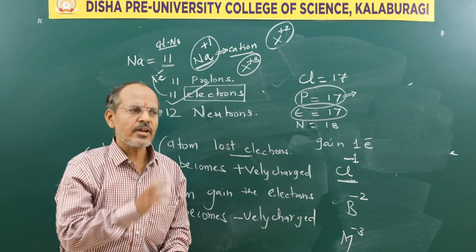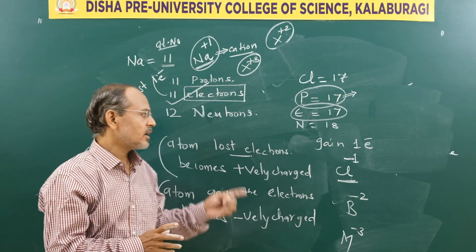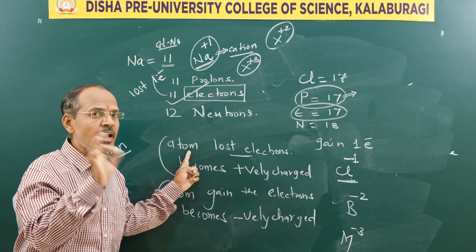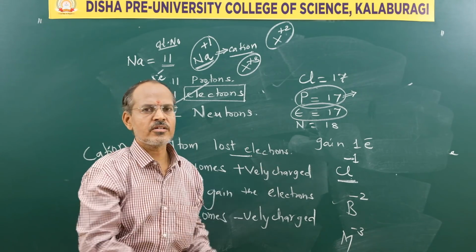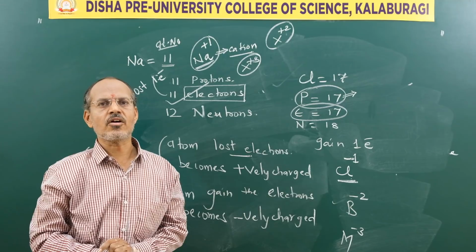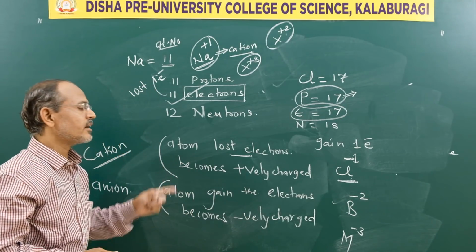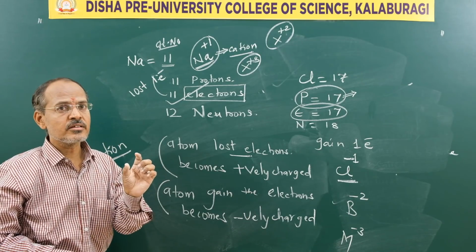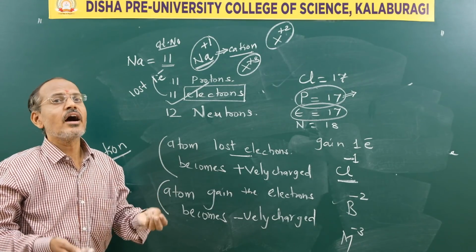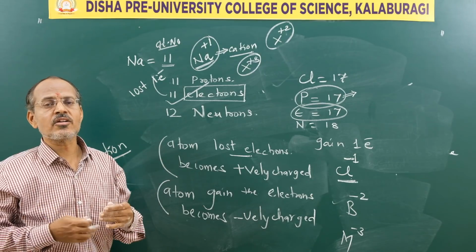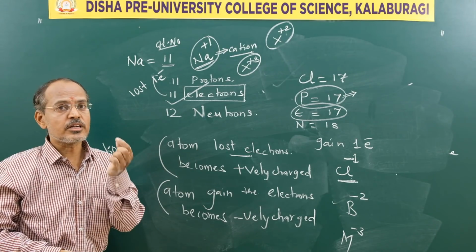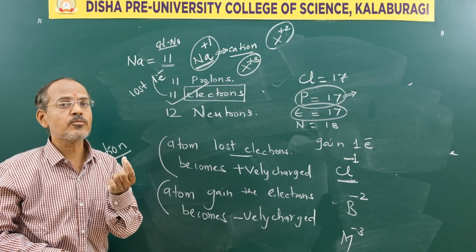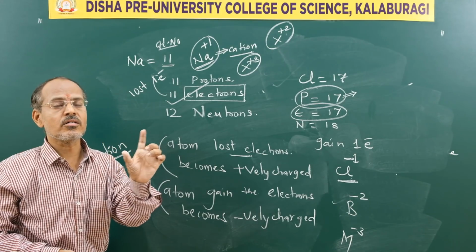Like that, concentrate here, if any atom loses or gains electrons, then that state of the atom, the state at which the atom lost or gained the electron, we call an ion.